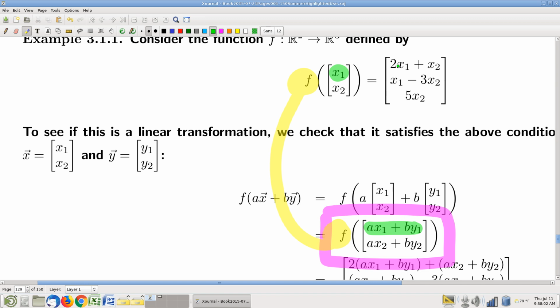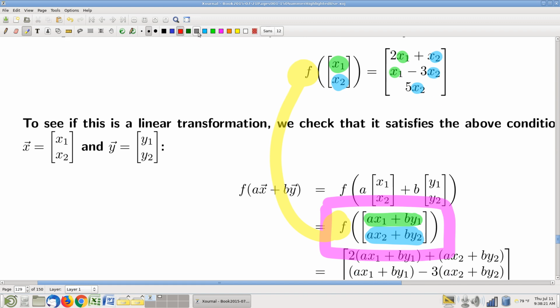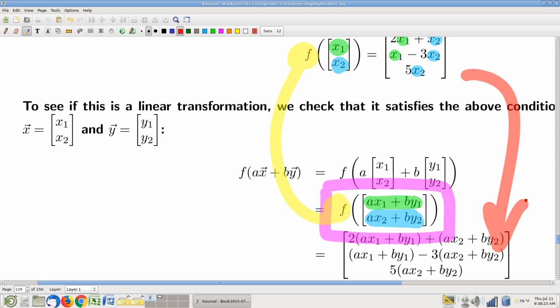And so that first coordinate is going to go there and there. And then the second coordinate of this input, the thing that is kind of the x2, if you will, in this general formula, is going to go there and there and there. And that makes this expression turn into this.